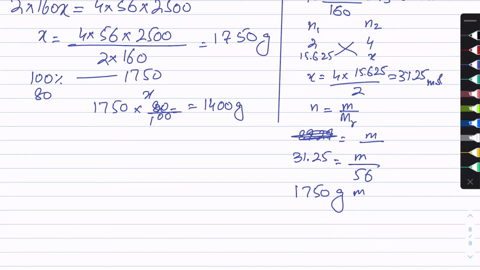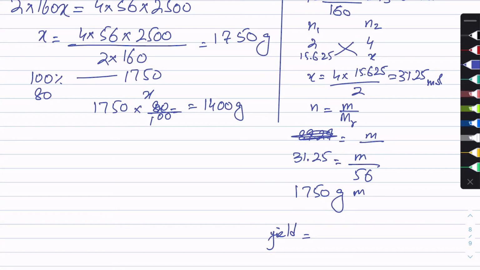So I'll use the formula of yield, that percentage yield is calculated value or theoretical value. So sorry, what was it? What's the formula that you're using? Practical value over theoretical value.